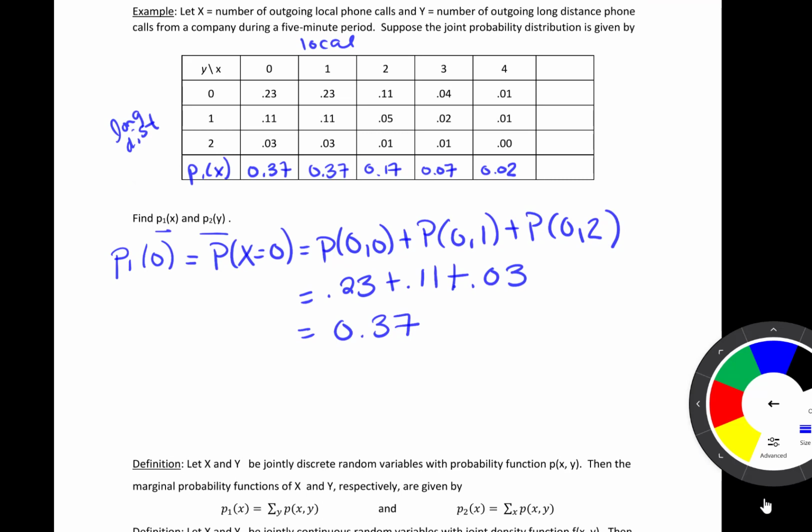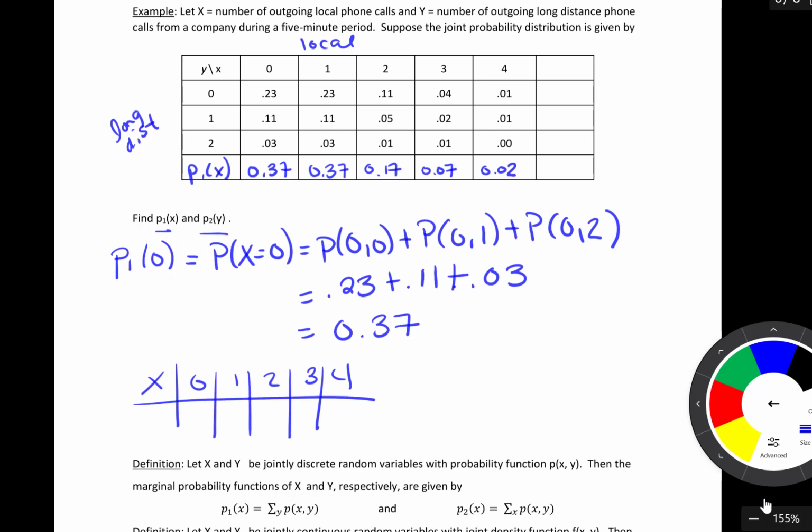So then we could write the marginal distribution of x as a table. And then we could do something very similar, and find the marginal distribution of y by looking at the row totals.